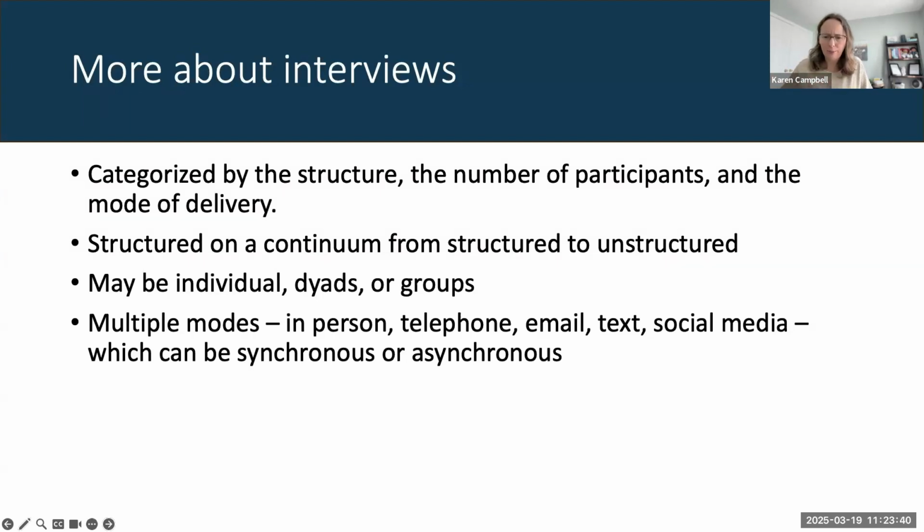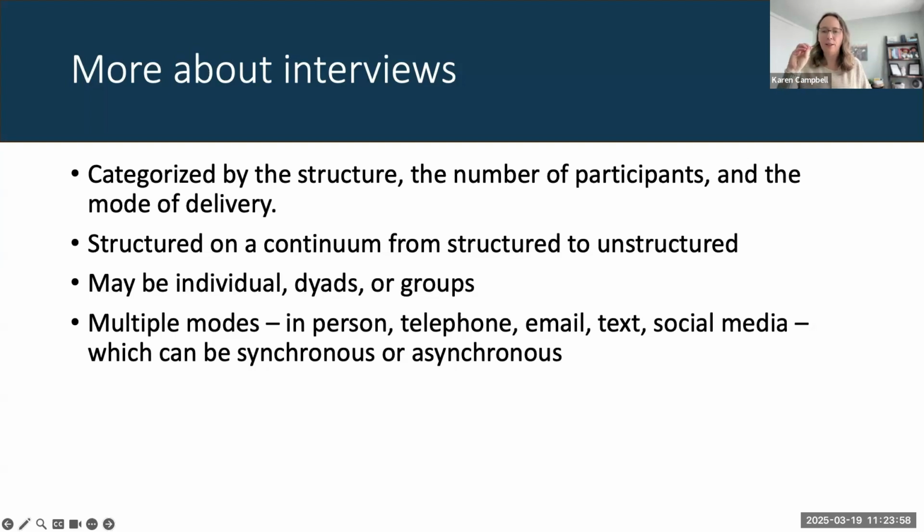I am going to talk a little bit more about focus groups, so I'll hold off on that. But again, really important to think about why you're doing interviews this way. So if you are interviewing parents, you can interview parent 1 and parent 2, or you can interview parents together.